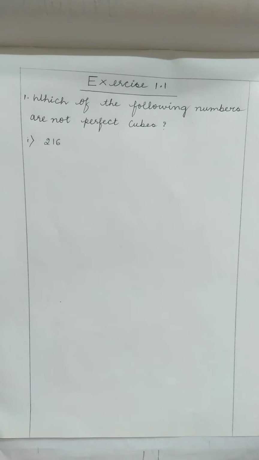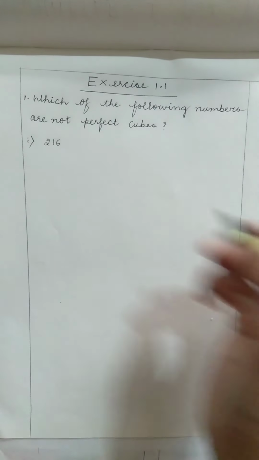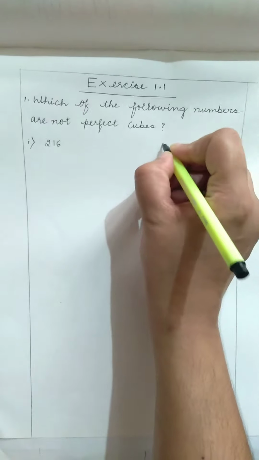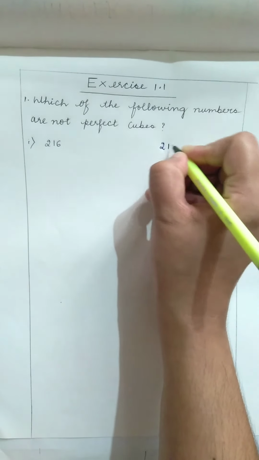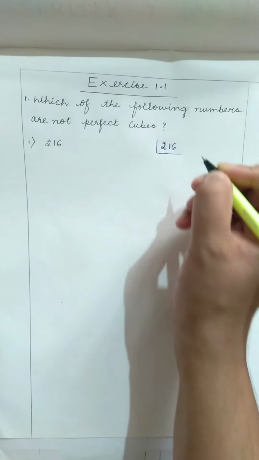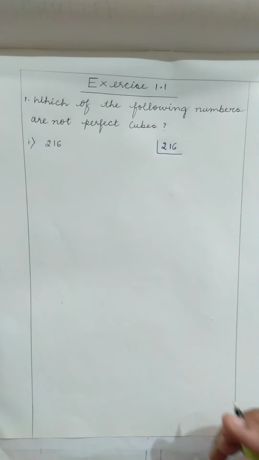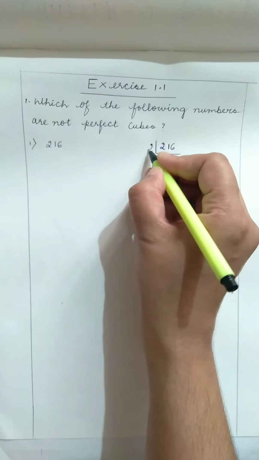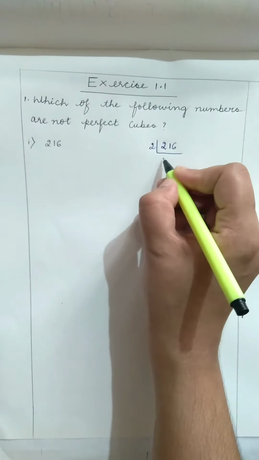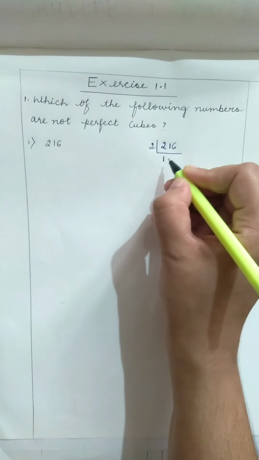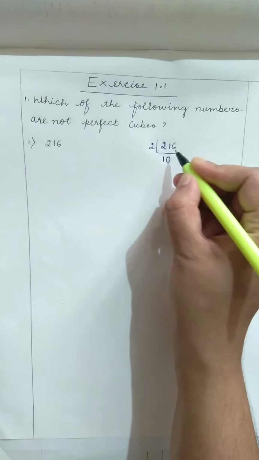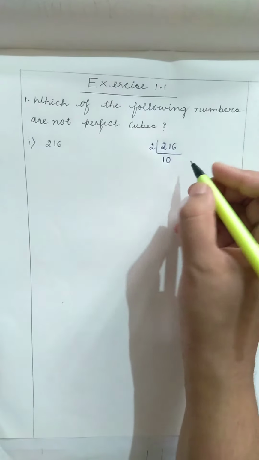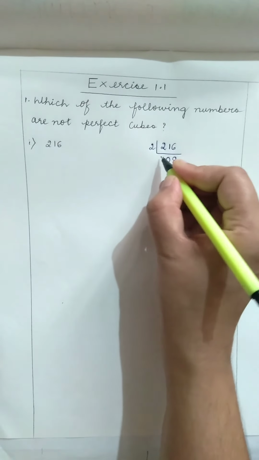To find out whether 216 is a perfect cube or not, let us go by the factorization method. So let us factorize 216 now. We have 216. It goes by the least number, that is 2. 2 ones are 2, 1 is lesser than 2, so take 0, then it will be 16. 2 eights are 16.